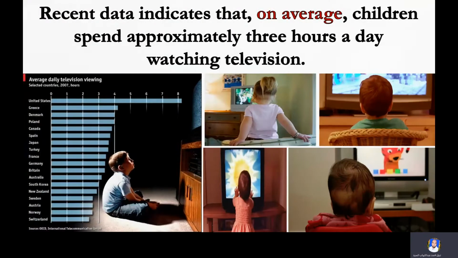Recent data indicates that on average, children spend approximately 3 hours a day watching television. Look at the chart here. This chart shows the names of the countries and the hours children spend on watching television.